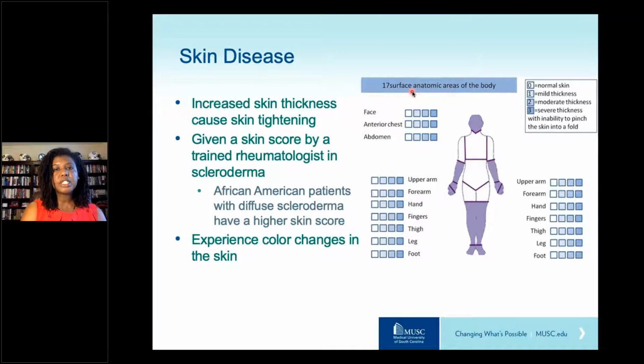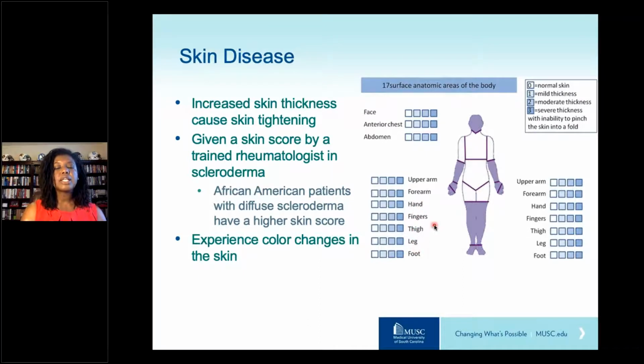Over here, we see 17 different areas of the body in which skin tightness is measured, including the face, the chest, the abdomen, both arms, the forearms, the hands, the fingers, the thighs, the legs, and the feet.